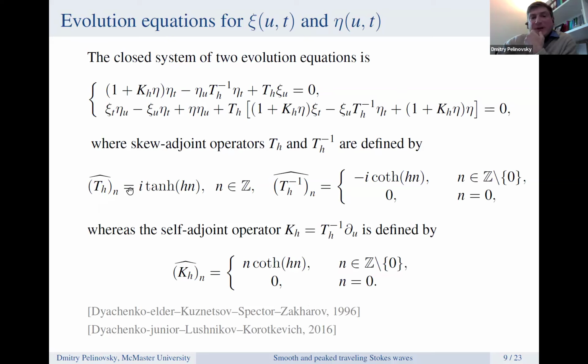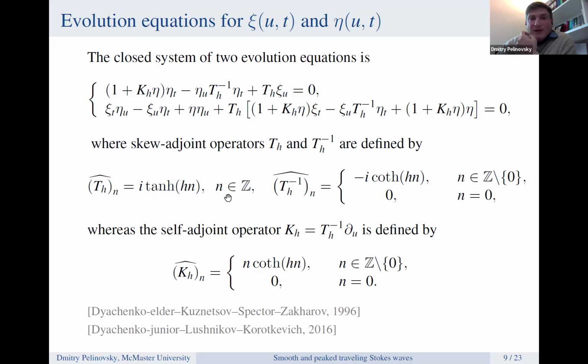Obviously, this operator is not invertible. However, it gives a zero mean value for the periodic function when it acts. And so if we restrict our consideration to periodic functions with zero mean, then we can invert this operator, but then there will be zero value for the mean value of this inverse operator.